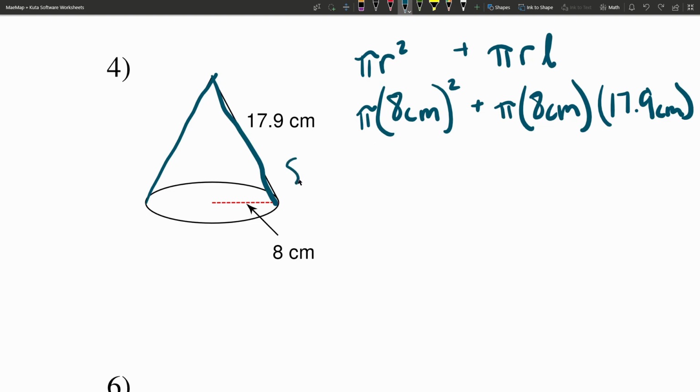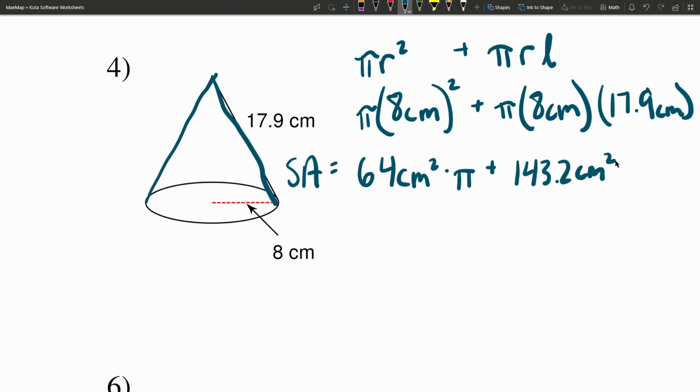Adding this up, our total surface area is going to be equal to pi times 8 centimeters squared, that's 64 centimeters squared, multiply that by pi, plus 8 times 17.9 is 143.2, and that's centimeters squared as well, and also multiplied by pi.